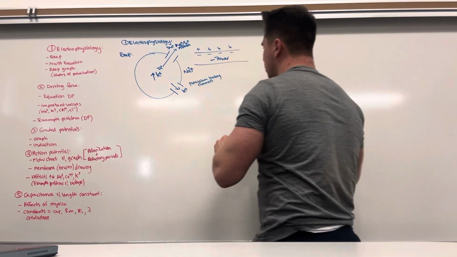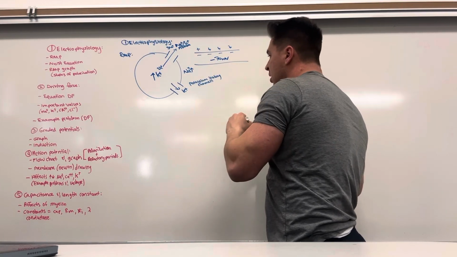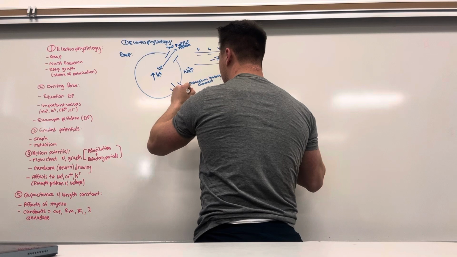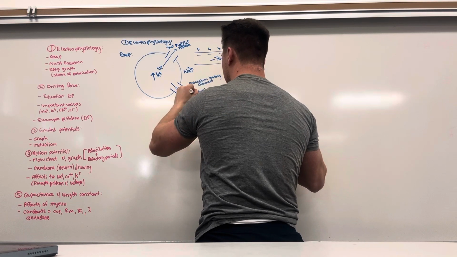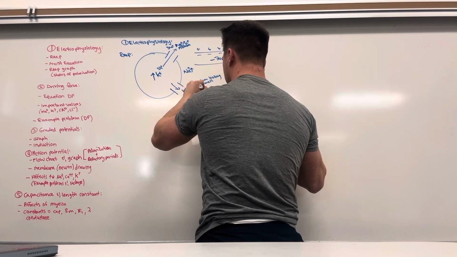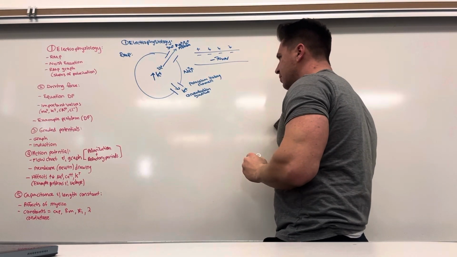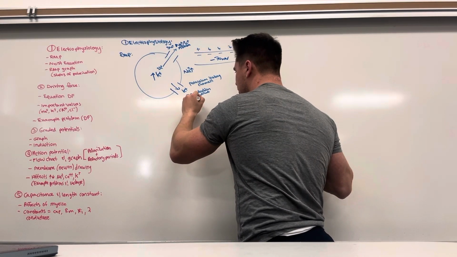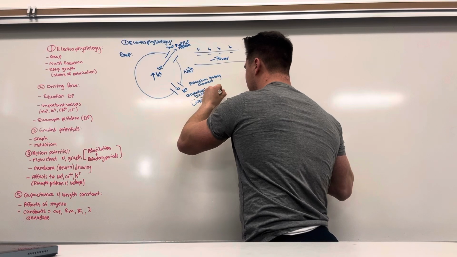What these potassium leak channels do is they're open all the time, and they're controlled by the concentration gradient. Because potassium is high inside and low outside, we know that it goes from high concentration to low concentration, right?